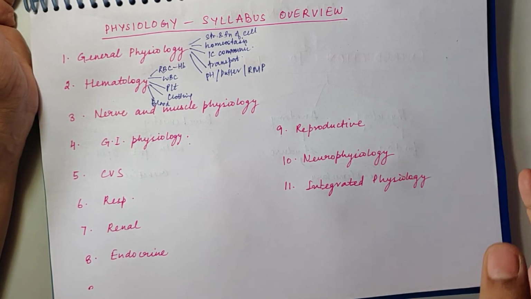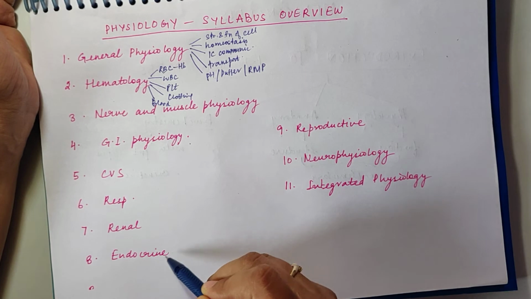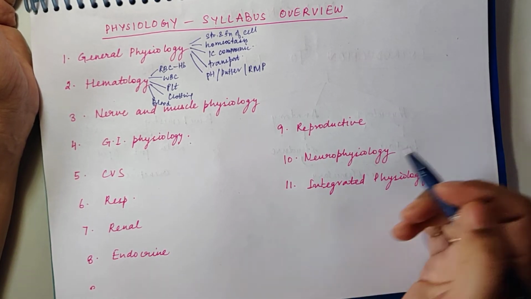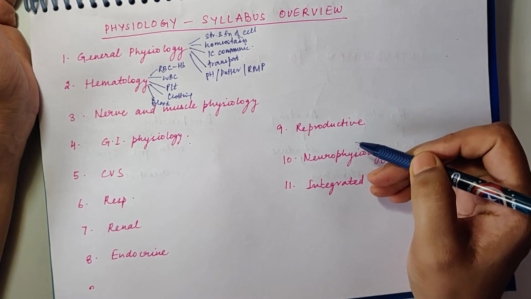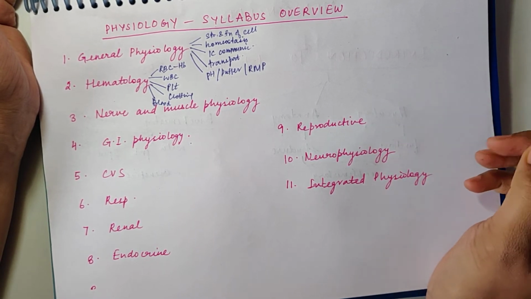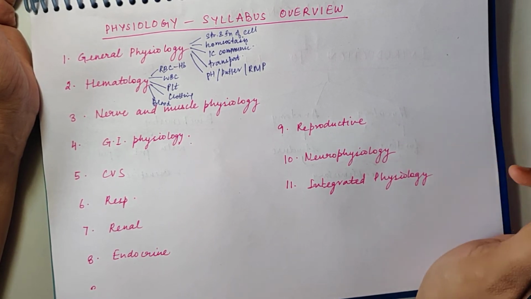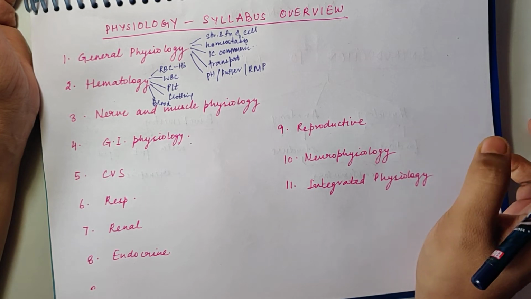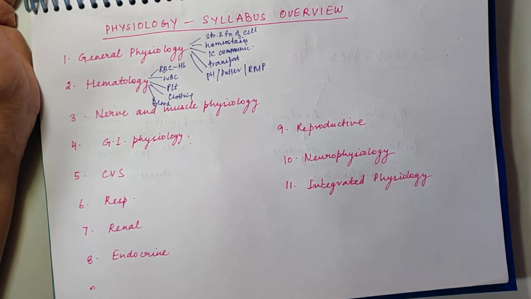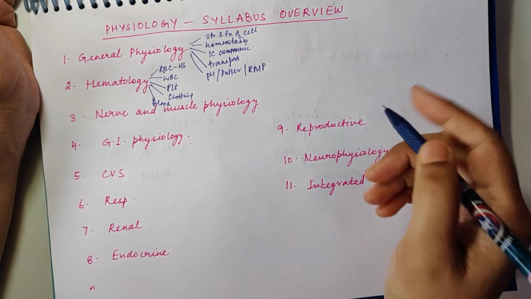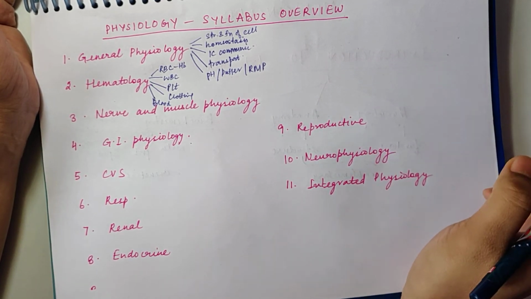So we'll take all that up in endocrinology. Then in reproductive, we'll take up not just the reproductive portion, we'll also talk about the sex hormones, and the physiology of pregnancy. That will also be taken up in this reproductive physiology itself.